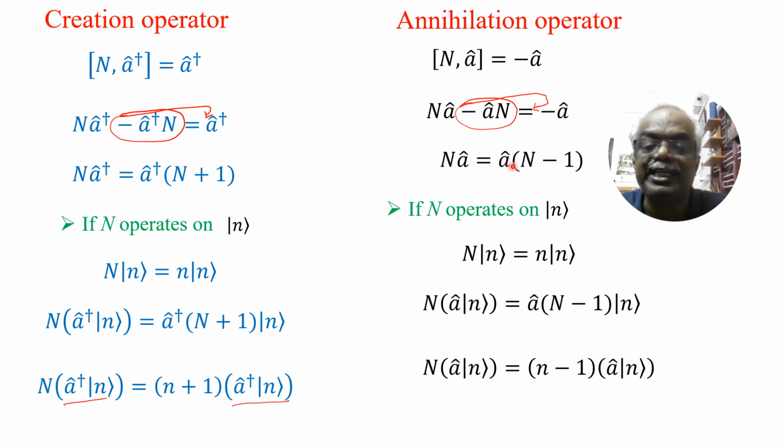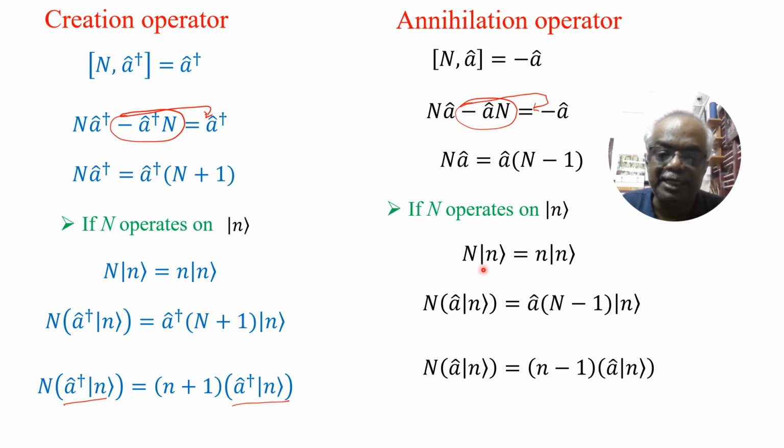So if you take a as common, then this will become n minus 1. So n a is equal to a multiplied by n minus 1. If n operates on ket n, what will happen? When n acts on ket n, it gives eigenvalue n multiplied by ket n. What we have done here, now on the left hand side you use this relation n a ket n.